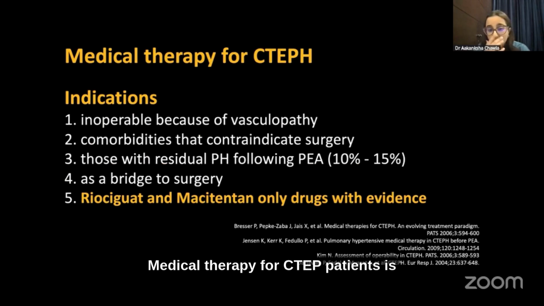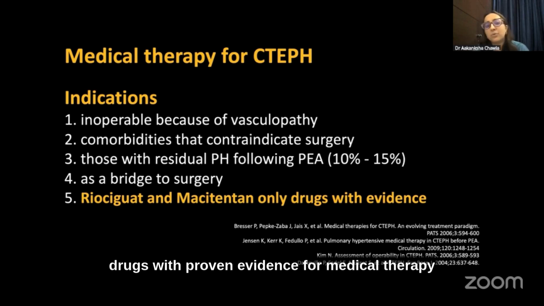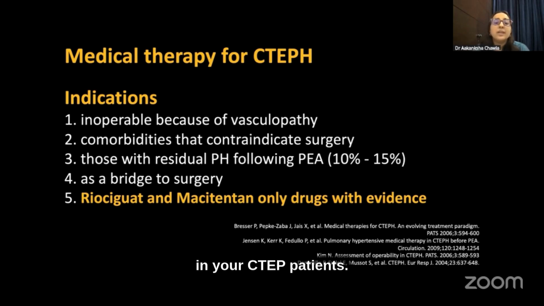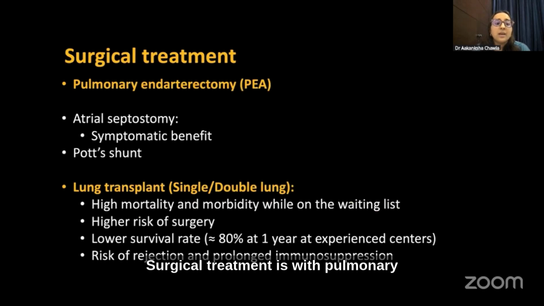Medical therapy for CTEPH patients is indicated in inoperable cases, comorbidities that contraindicate surgery, those with residual PH, or as a bridge to surgery. And Riociguat and Macitentan are the only drugs with proven evidence for medical therapy in your CTEPH patients. Surgical treatment is with pulmonary endarterectomy.